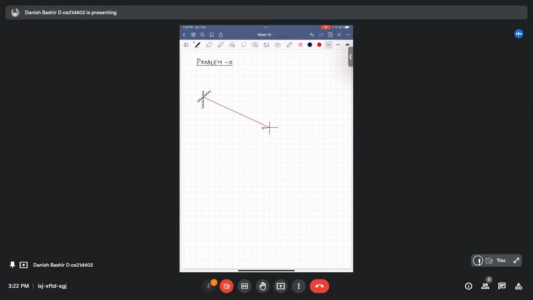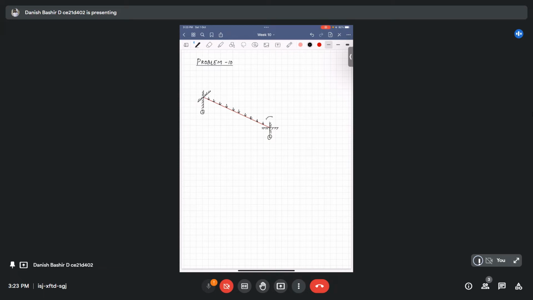This beam is from support 1 to support 2. Obviously the beam has some depth and width as well, but I am not showing that. The beam is subjected to a downward load, a UDL like this one. It is obvious from the figure that this is gravity load acting downwards.